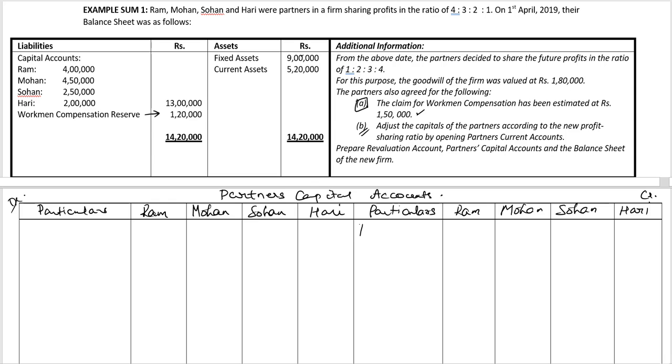Let's bring down the balance of the capitals first. By balance brought down, 4 lakh against Ram, 4,50,000 against Mohan, 2,50,000 against Sohan, and rupees 2 lakh under Hari.